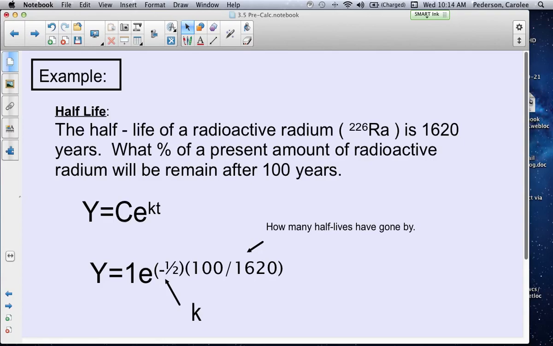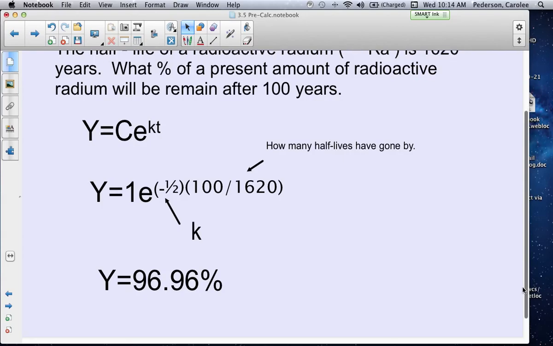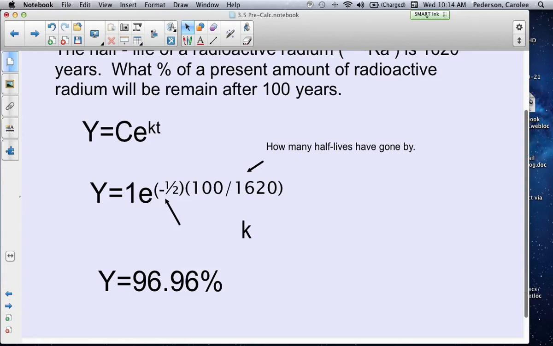A lot left. So I use that same formula, or if you like this one, y equals C e to the kt, that also works. So I've entered pieces into the formula for you.